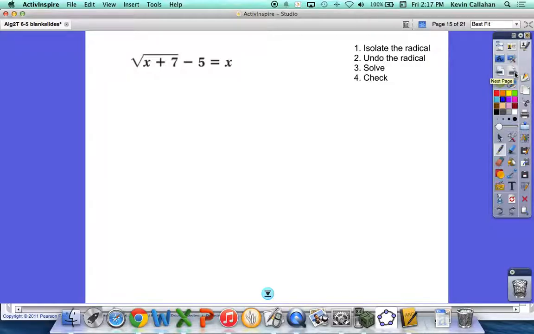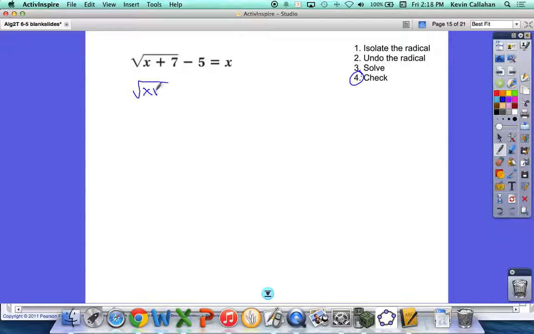Okay. Now this is where we get into this. The check is important because extraneous solutions are possible, because we've got an x outside the radical. We're still going to follow the same steps. Isolate the radical. What do I have to do to isolate this radical? Add 5, right?